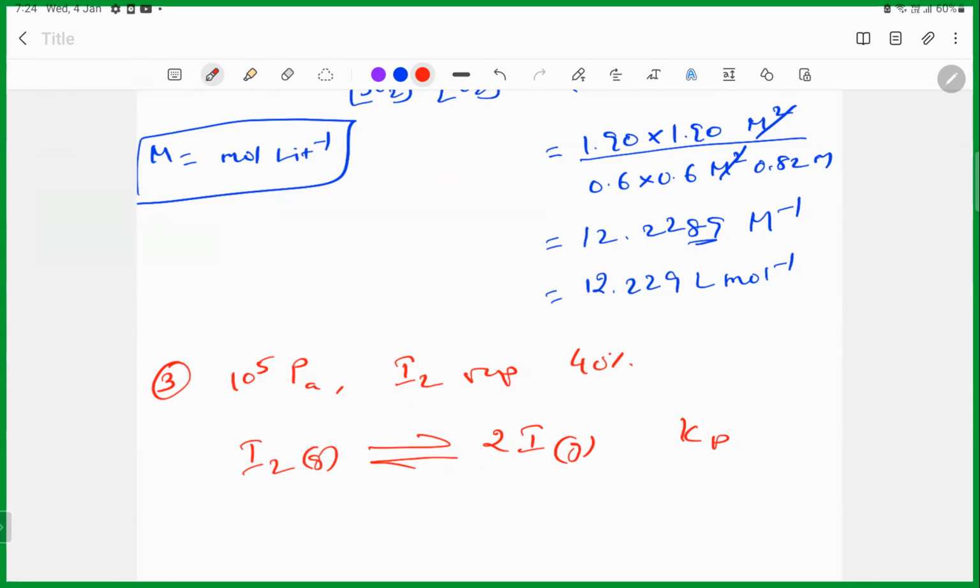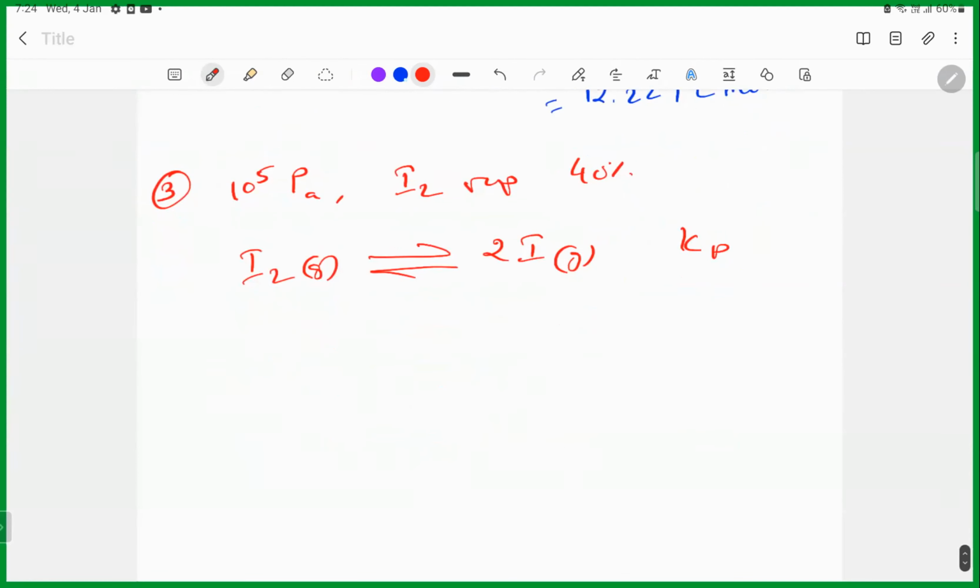So first, the partial pressure is given. What is the partial pressure of iodine atoms? P of I is equal to 40 divided by 100 into the total pressure, which is 10 power 5.